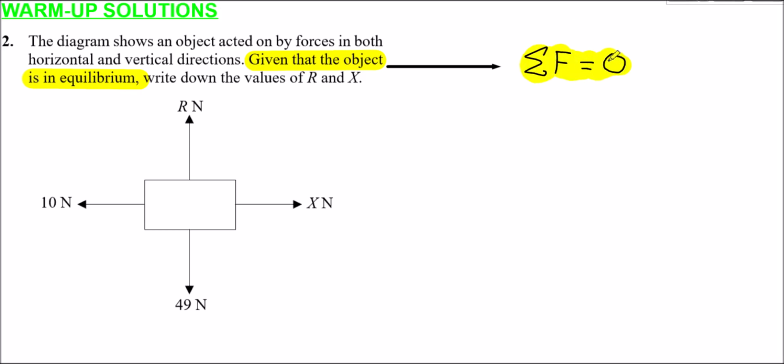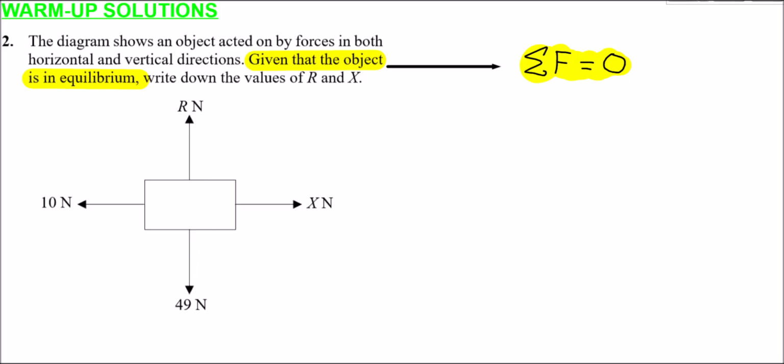So let's just consider the vertical direction first of all. Because the sum of forces in any direction will be 0, they'll balance in any and all directions, there's going to be no net vertical force acting on this object. And so the upwards force, R, must balance exactly against this 49 force.